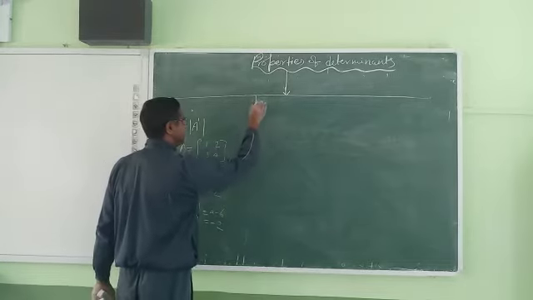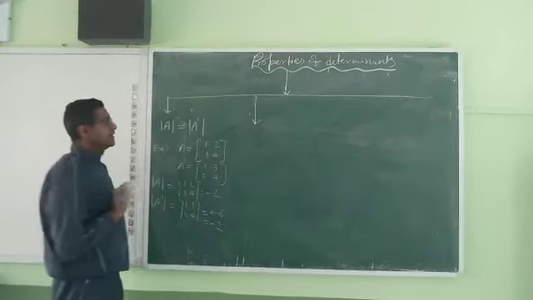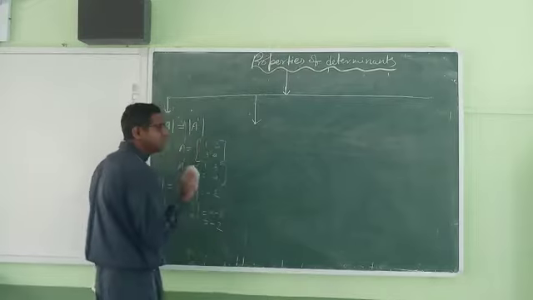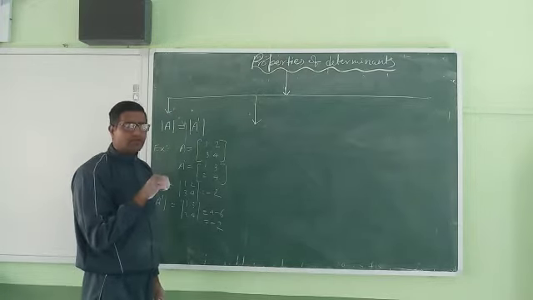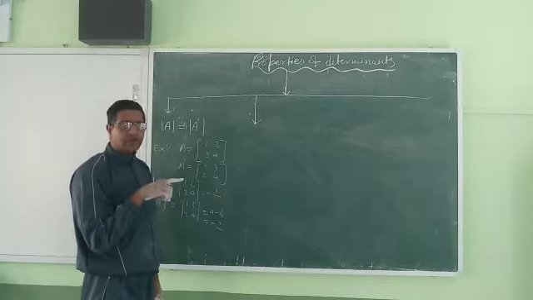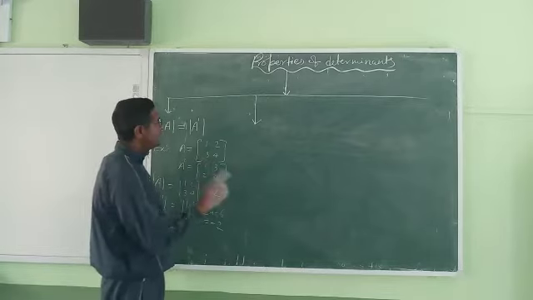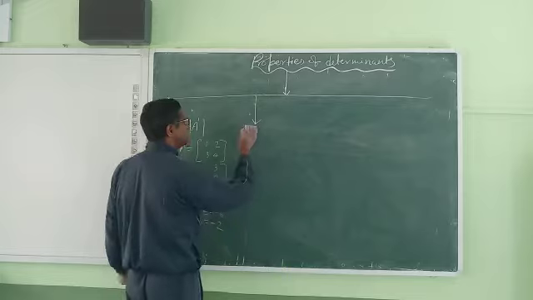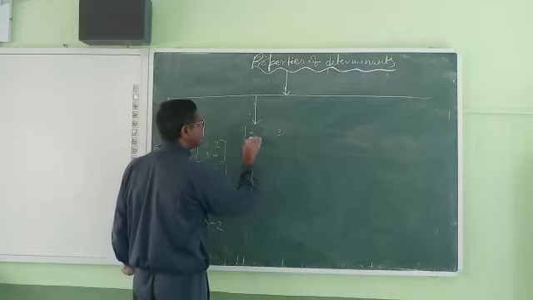Second property. In property number second, if any row or column of a determinant is 0, then the value of the determinant will be 0. You can understand by the help of an example. Let us suppose a matrix of order 3 by 3.